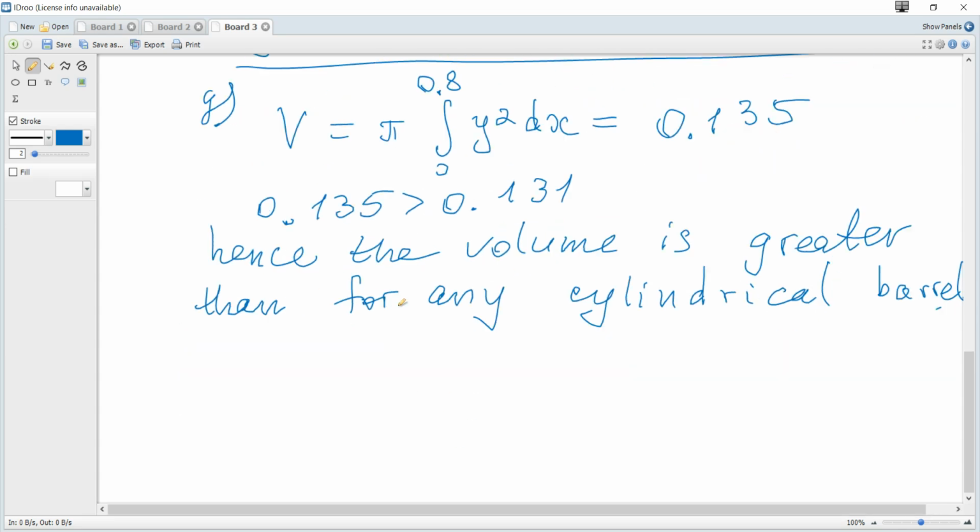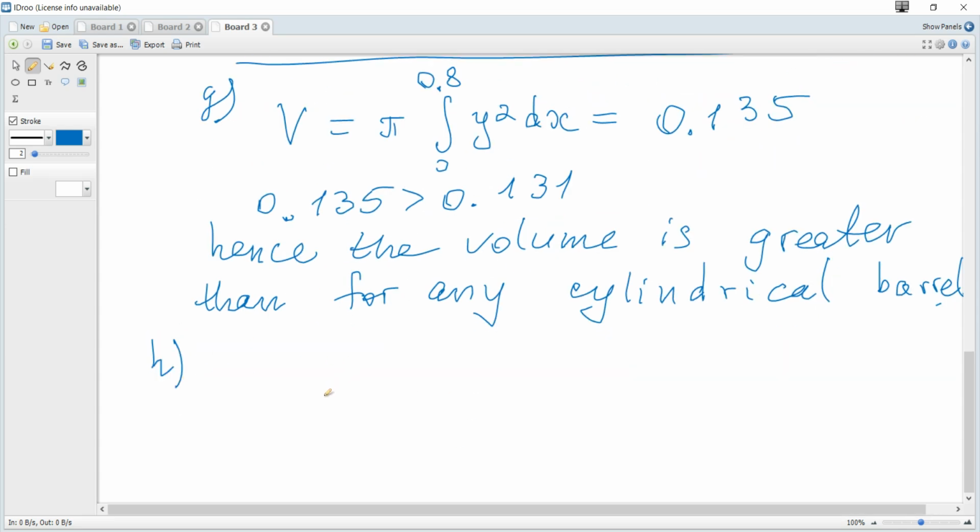And the last question: state one assumption not already given that has been made in using these models to find the shape of the barrel that gives the best value. 1 mark, so it means just one reasonable answer.